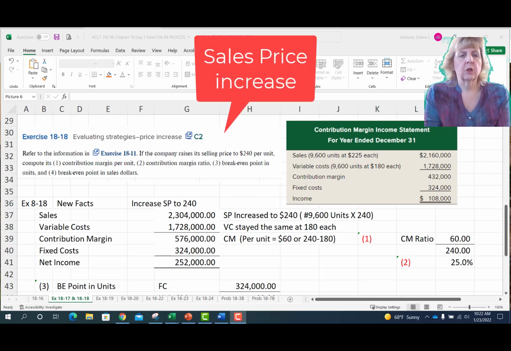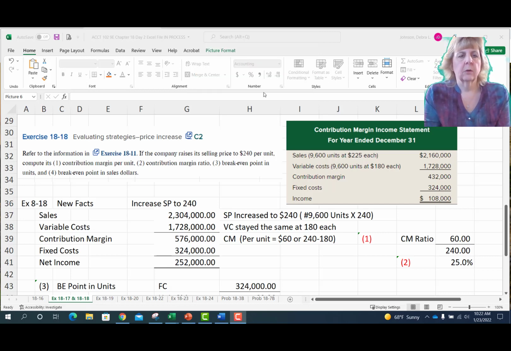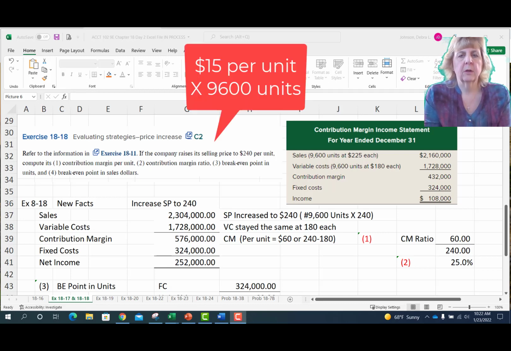So that's the only thing changing, the selling price. The way I would have answered a question on what's the new net income, I would have realized that a $240 selling price is $15 above the current $225. I would have taken that increase of $15 per unit and taken it straight to the bottom line.